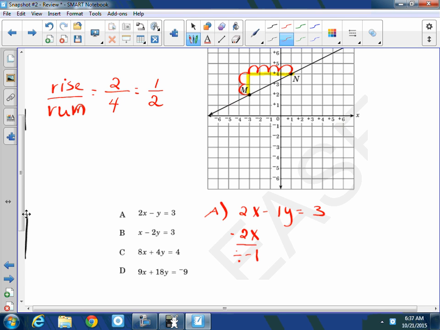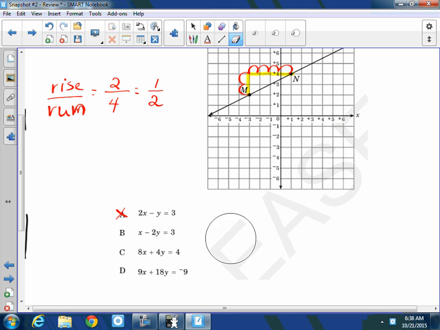So when I do that, I'm not going to worry about the y-intercept. I just need the slope because there's parallel lines. -2 divided by -1 would be positive 2x, which means that's not my line because I want 1/2.